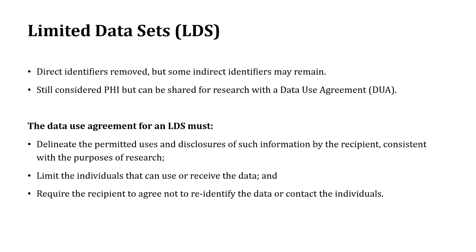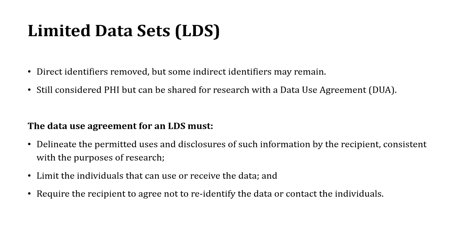Sometimes fully de-identifying data just isn't realistic for the kind of research we need to do. In those cases, HIPAA provides another option, a limited data set, also known as LDS. With an LDS, all direct identifiers are removed, but some indirect details may remain because they're important for the analysis.